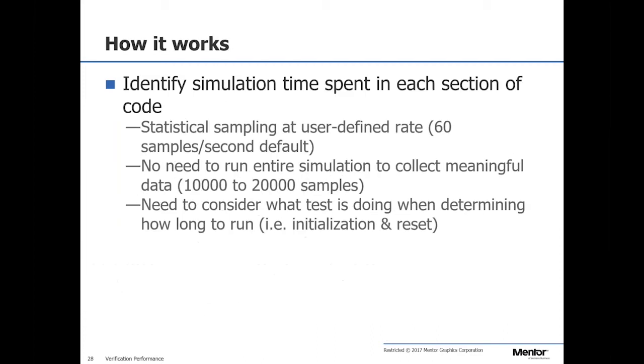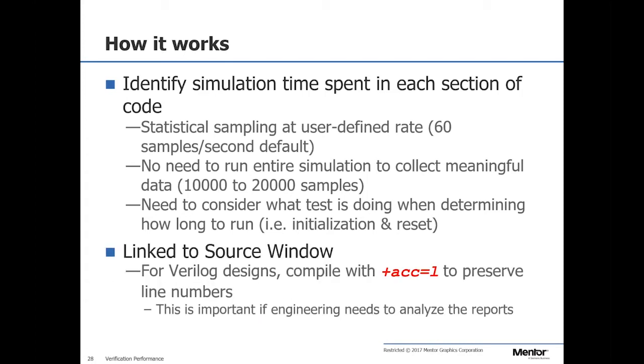And it's about identifying where the time is going. And I guess the default is every 60 simulation steps, you will sample what line of code was being executed. So you've got to run 10 or 20,000 samples to get some meaningful value out of there.